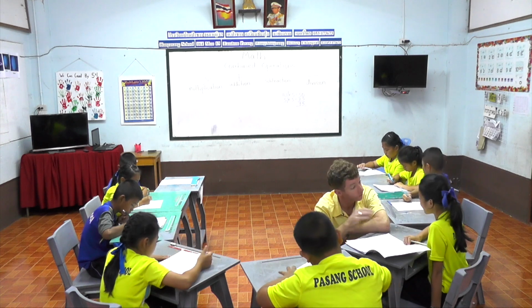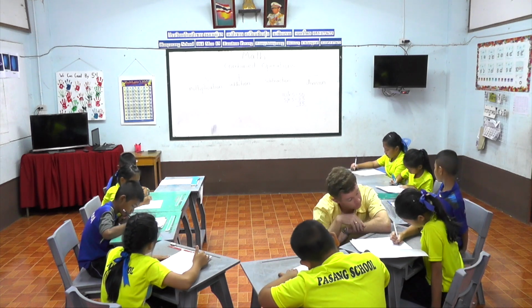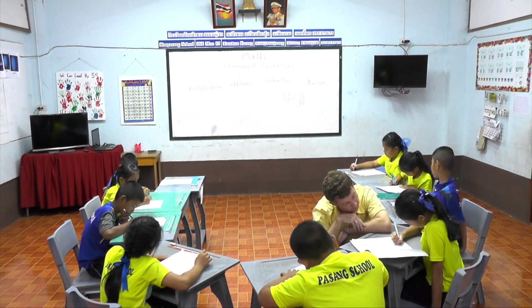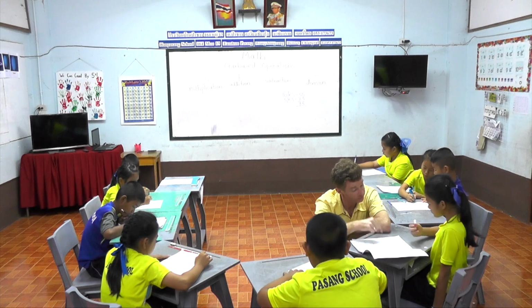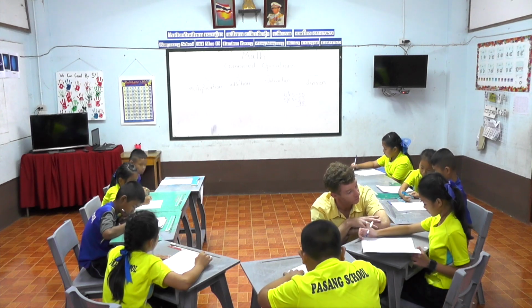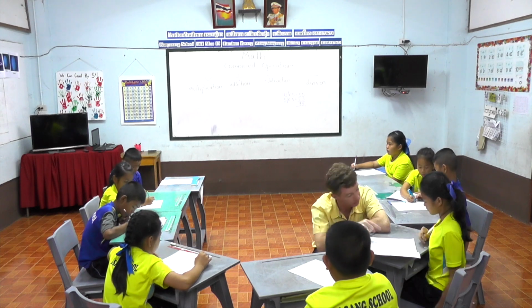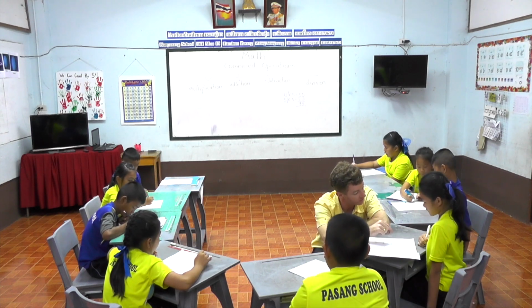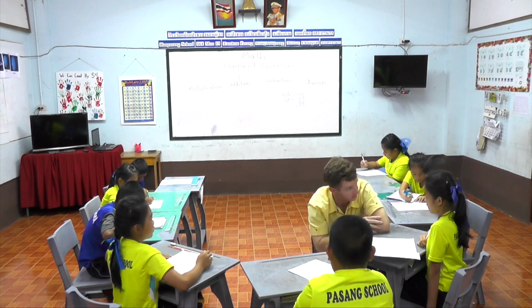So 20 plus 10? There's your answer. 15 times 2 is 30. So we can start with 30 and then 60 divided by 30. How many times does 30 go into 60?